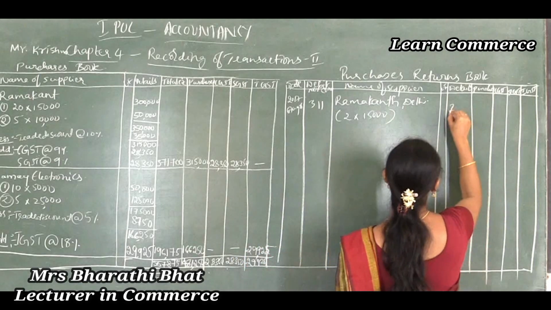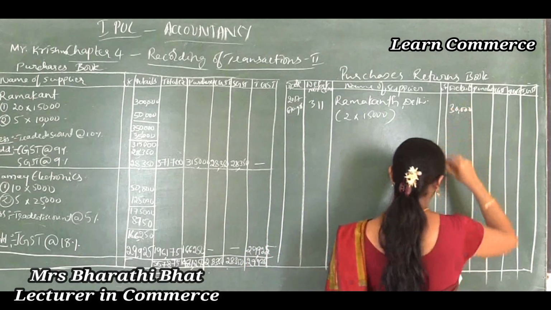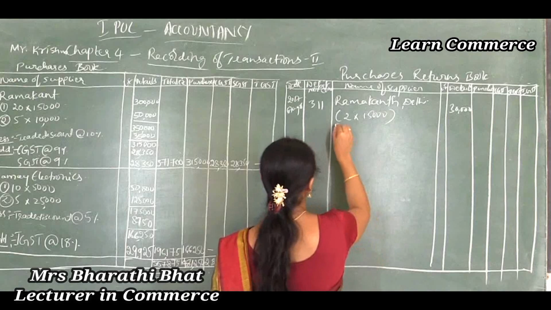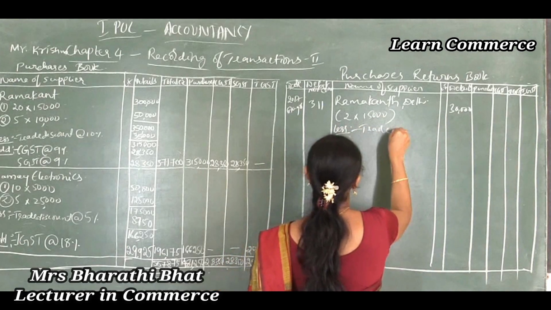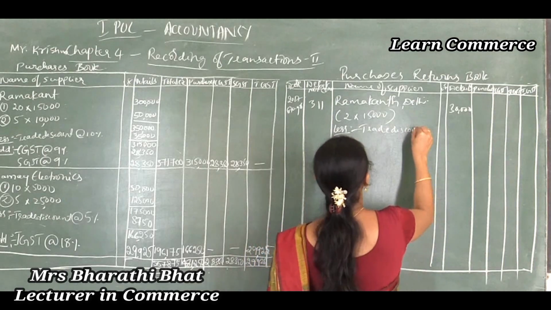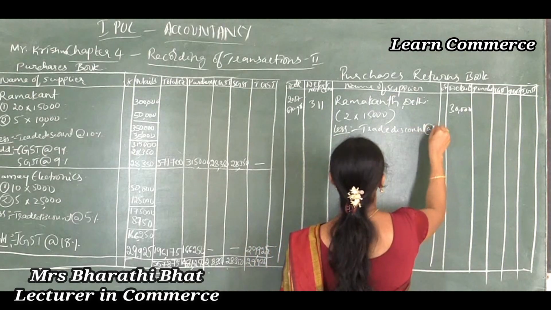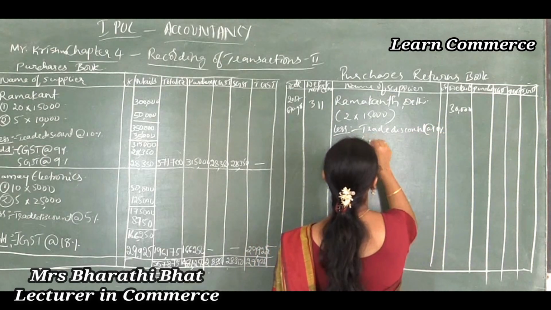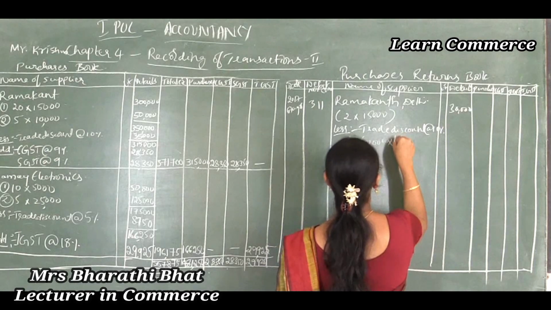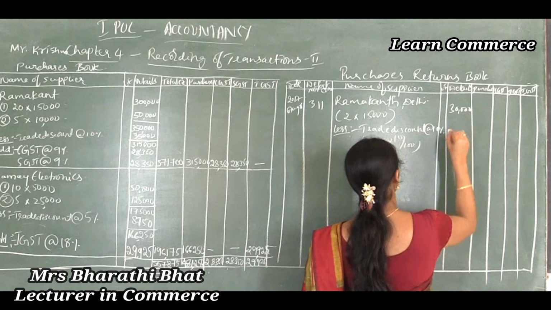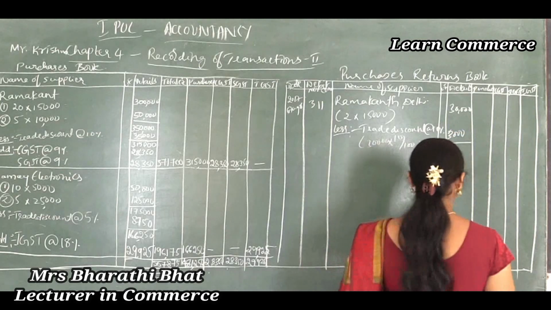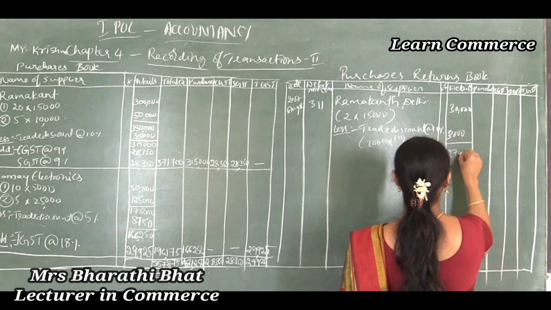Details in detail column 30,000. Next we have to calculate discount here. Less trade discount at 10%, correct, right? So 30,000 into 10 by 100, so 3,000, 27,000.